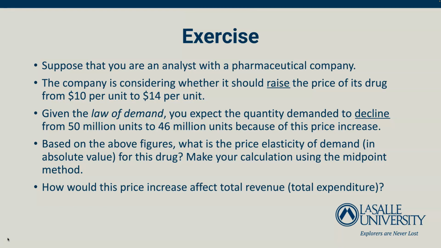insurers? Remember that the midpoint method we're looking at, the change in quantity demanded is Q1 minus Q0 over the average of those two quantities, all over the change in price, P1 minus P0, over the average of the prices.